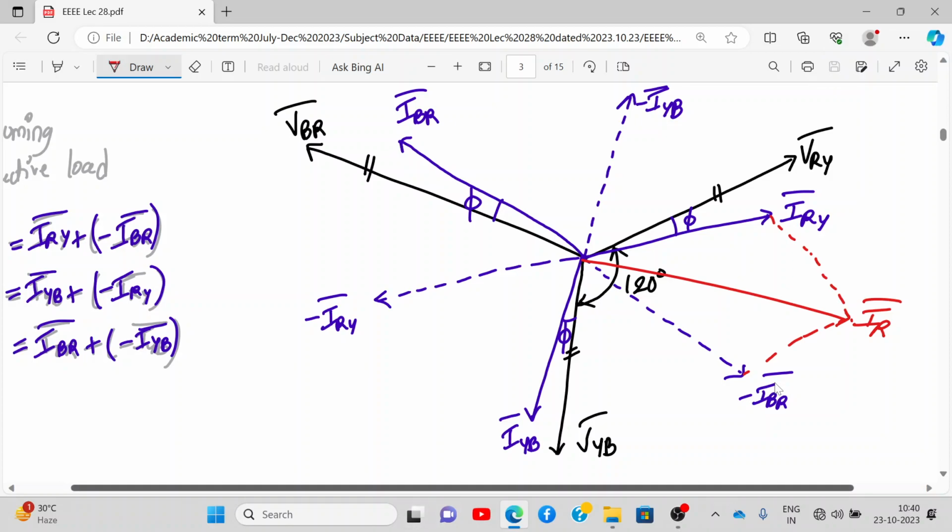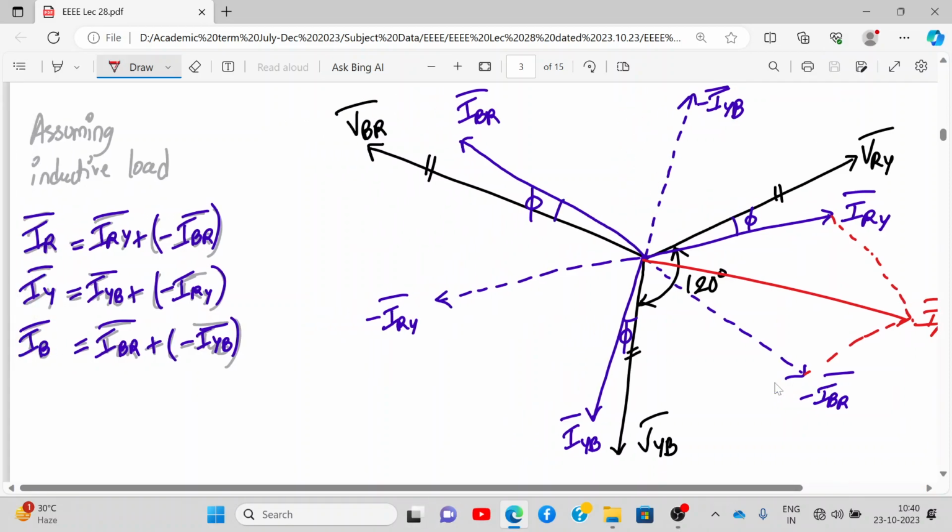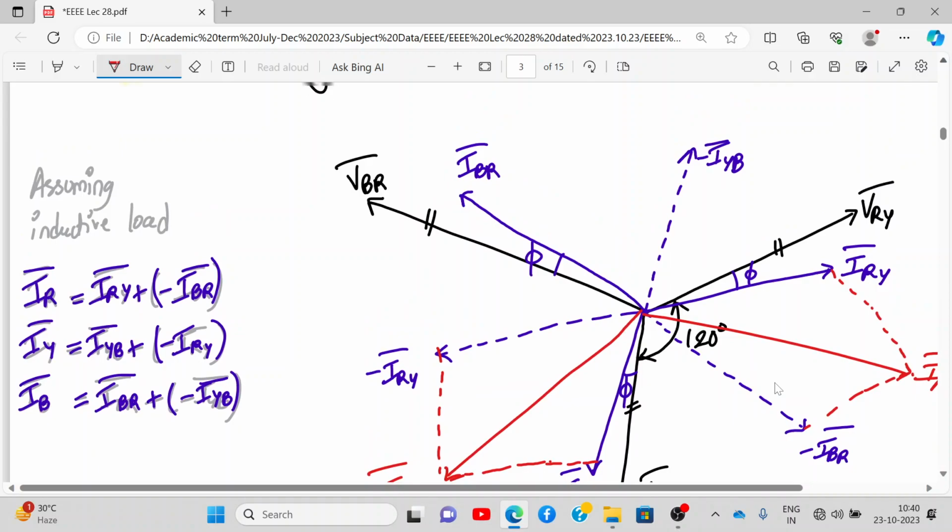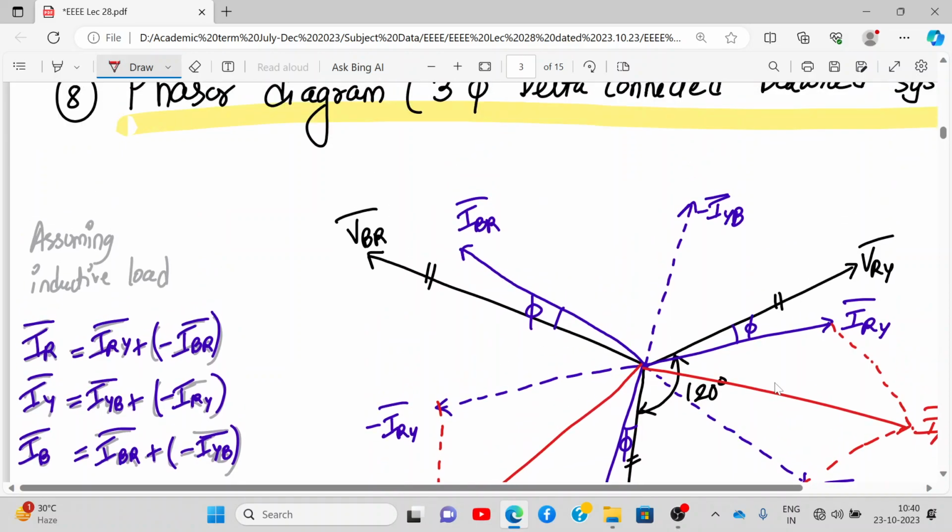Okay. Next is IY. This is the vector sum of IYB and minus IRY. So it will be over here. So this is IY bar. Please draw it along with me. Okay. And IB is IBR minus IYB. So here it will be the vector sum. This will be IB bar.